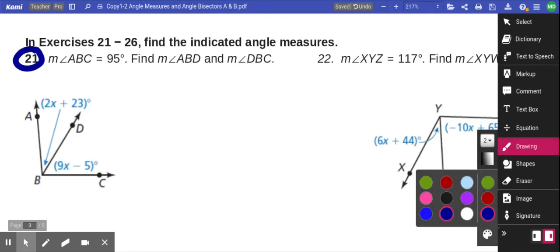In this next example, we're still taking a look at angle addition postulate. We know that the measure of angle ABC is 95 degrees. We want to find the measure of angle ABD and DBC.